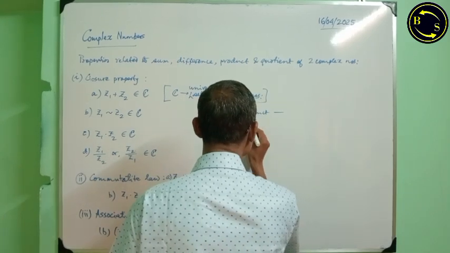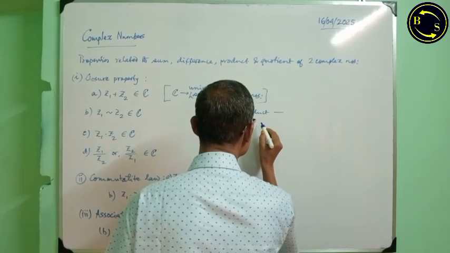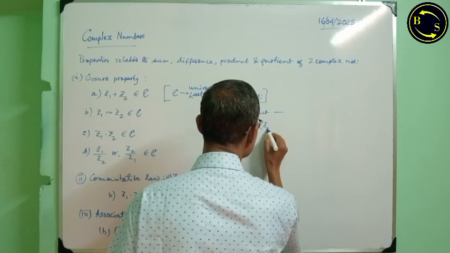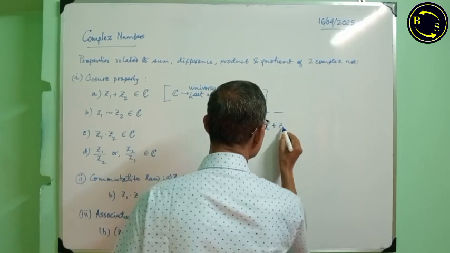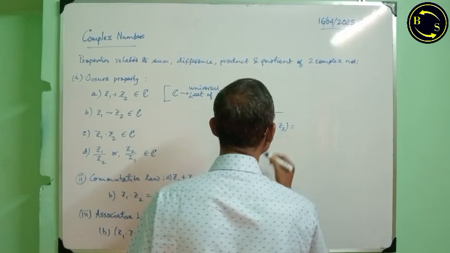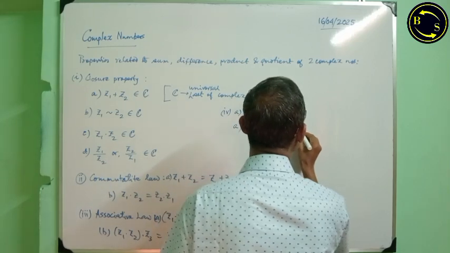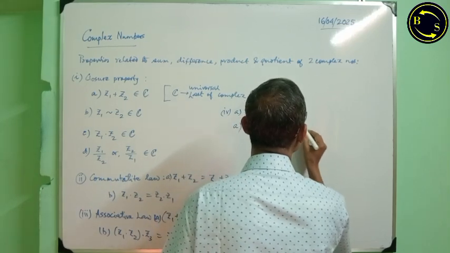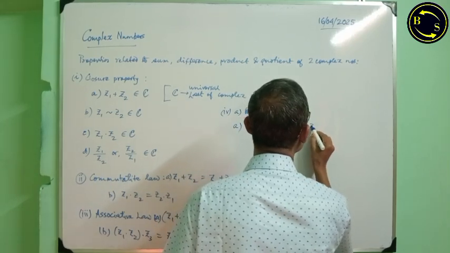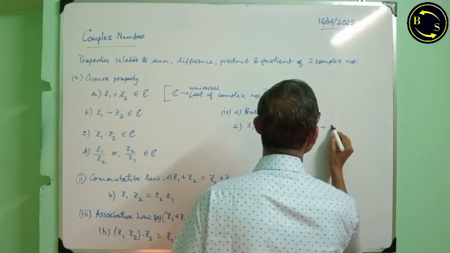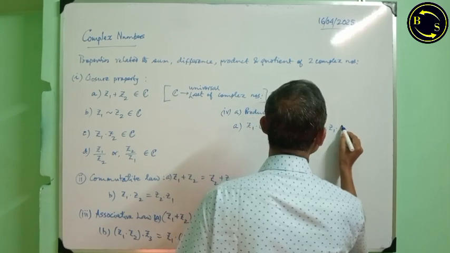Z1 within brackets Z2 plus Z3 is equal to Z1 dot Z2 plus Z1 dot Z3.